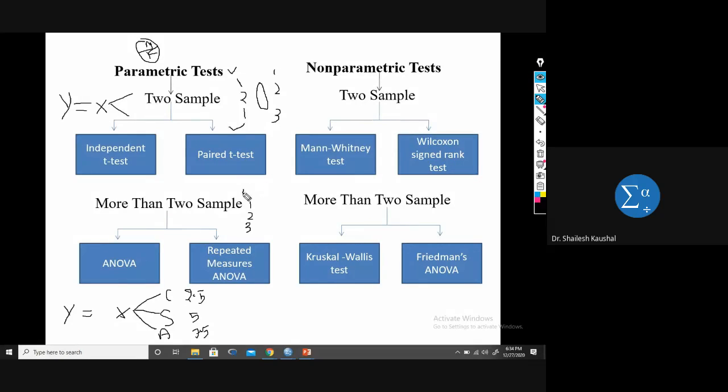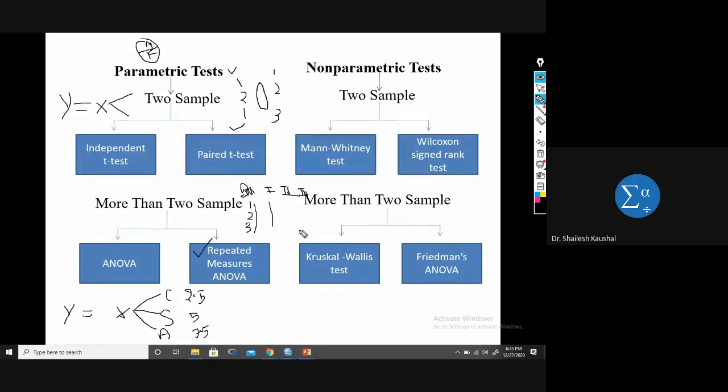So this is your baseline weight for all the participants, and the weight after 1 month, weight after 2 months, weight after 3 months, means the same participants we are measuring repeatedly more than 2 times. In this case we use repeated measures ANOVA.